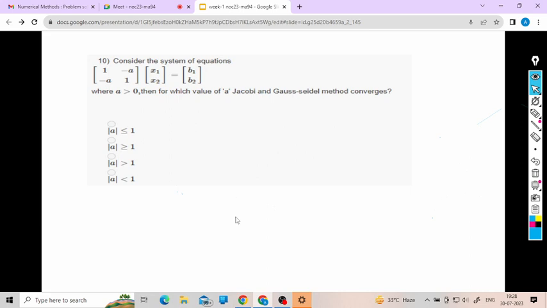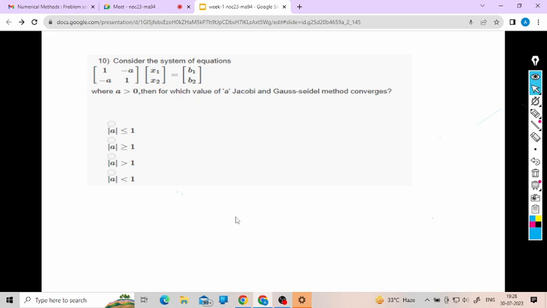So what is the criteria for the solutions we calculate in each iteration to converge, so that we can move to our answer as fast as we can? For that, the matrix should be strictly diagonally dominant.